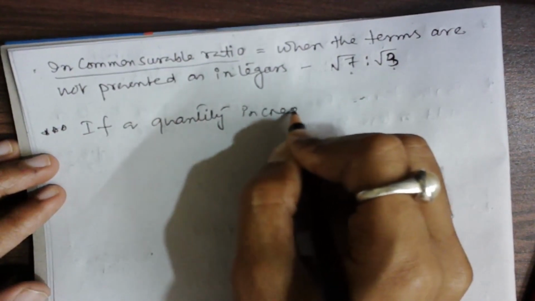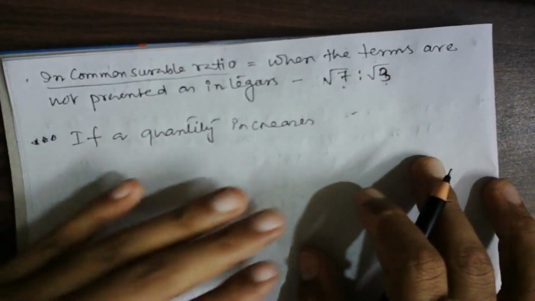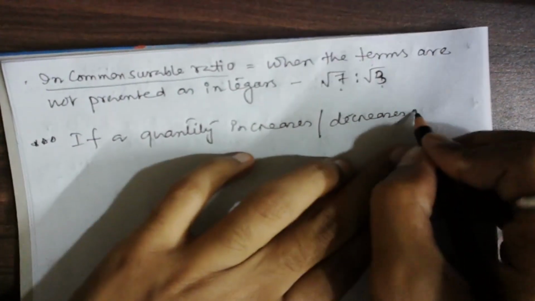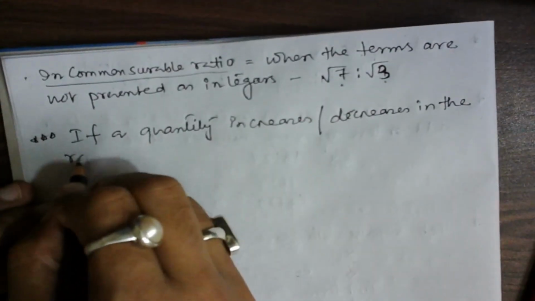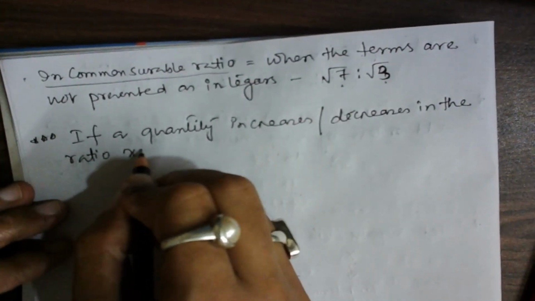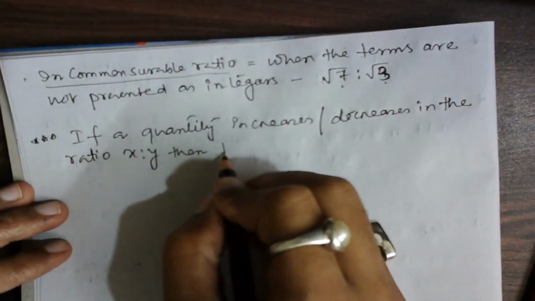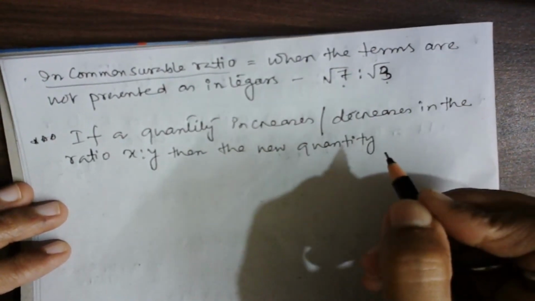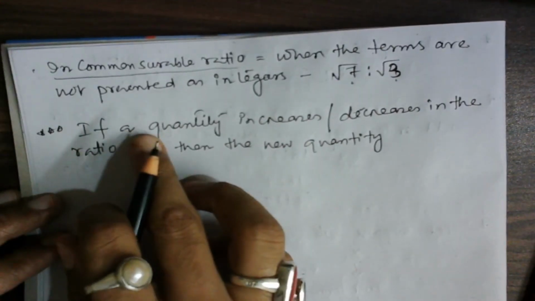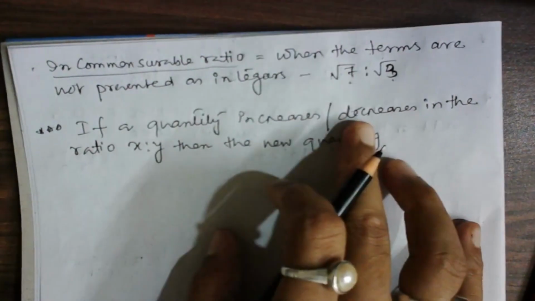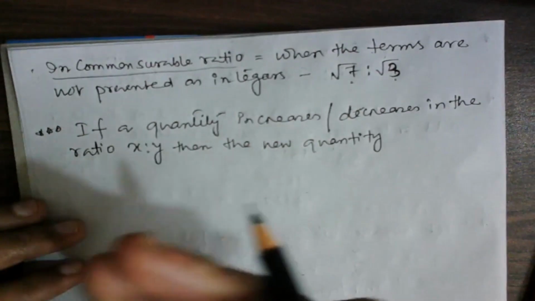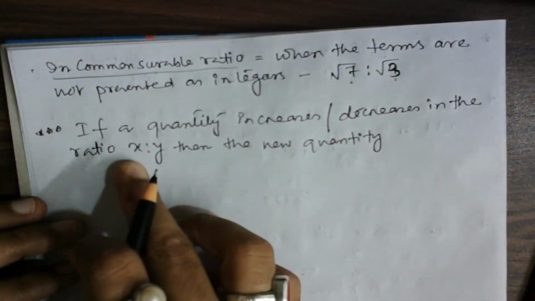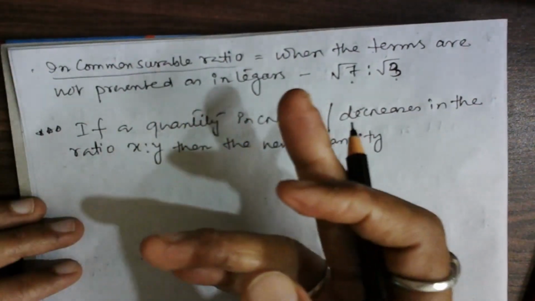If a quantity increases or decreases in the ratio x is to y, it is quite possible that any quantity can be up or down, like x can increase or y can increase or decrease.